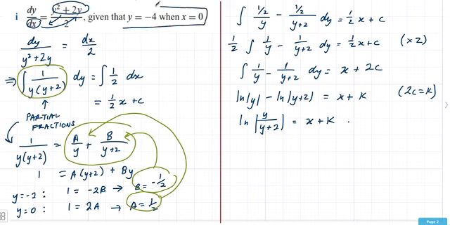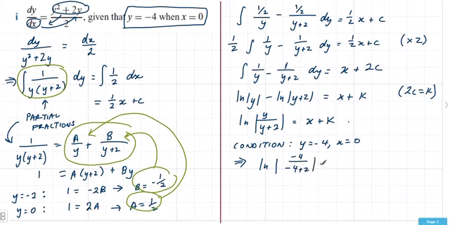Now we're going to put our condition in. So the condition is going to be y equals -4, x equals 0. It's going to be nice actually, because in this case you can see that straight away you end up with this being equal to k, because x is 0.